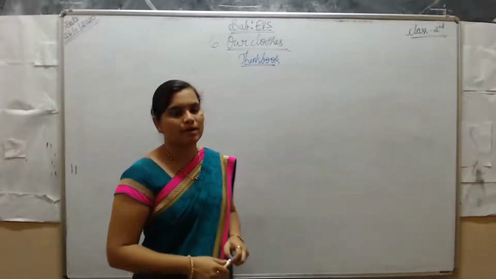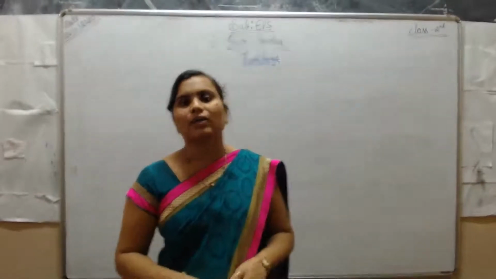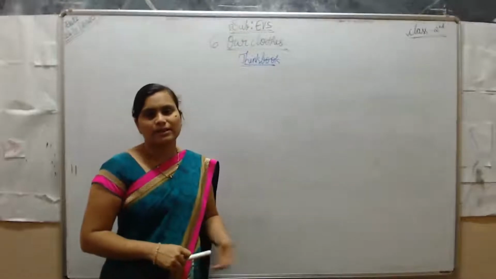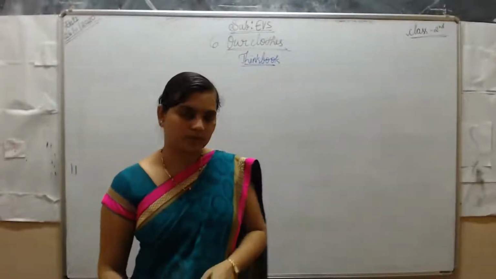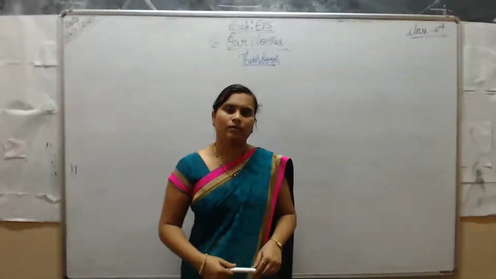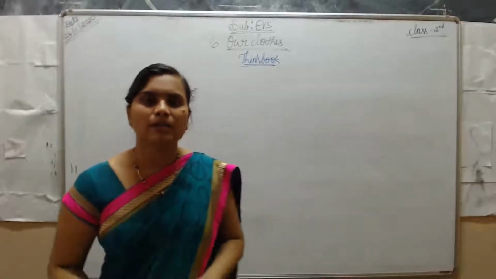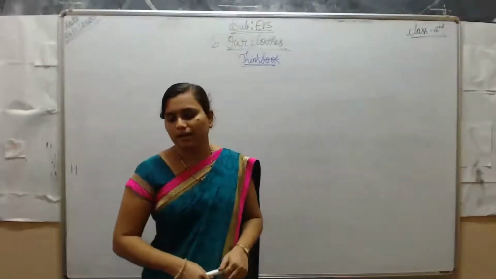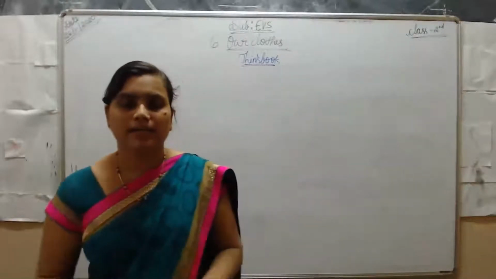Students, do you remember how we get cotton? We get cotton from cotton plants. We make different types of cloths from cotton. Then woolen. We get wool from sheep. When the farmer does shearing once or twice in a year, we get wool from sheep. And silk cloth.